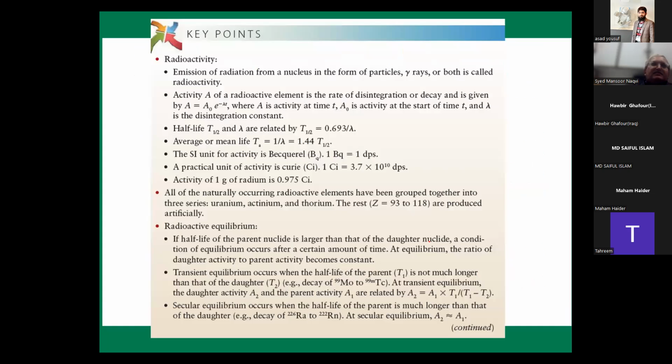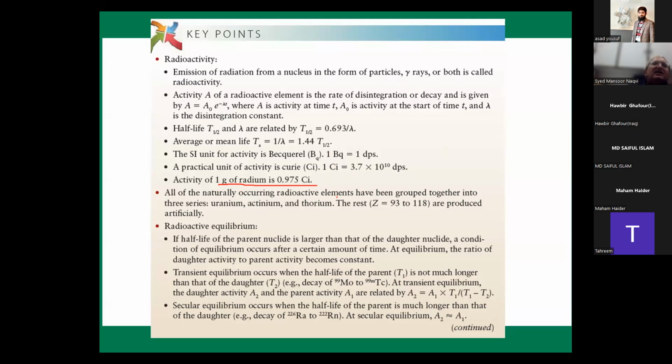That ends the lecture, and I have just taken these key points from chapter 2 of Dr. Faiz Khan, just to ensure that most of the things are covered. So we have talked about radioactivity, the mechanism, how the radioactivity is happening, what parameters are used, and you can see in current values, the activity of 1 gram of radium is 0.97.